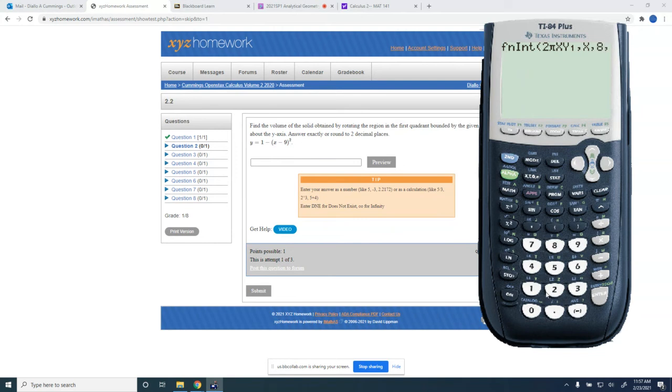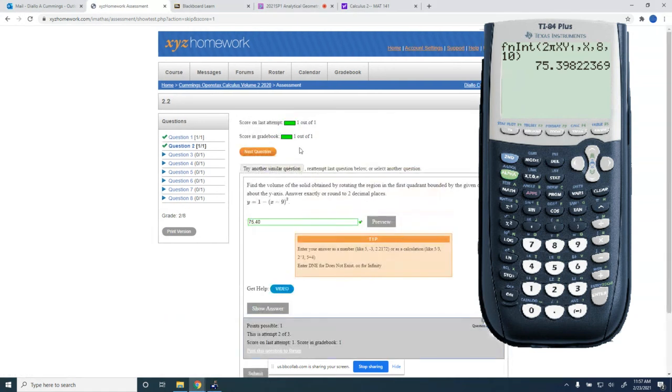Our lower limit is 8, our upper limit is 10. And we have the answer.